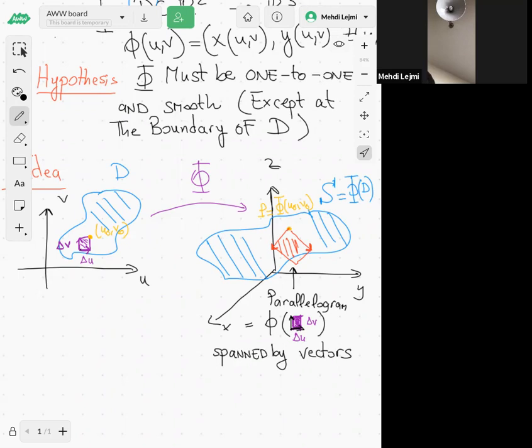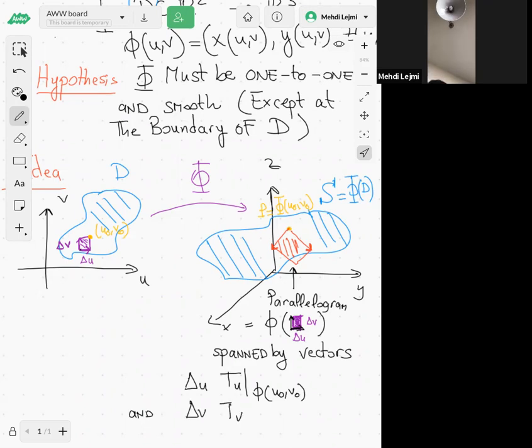So the image would be a parallelogram spanned by the vectors delta u, that's the magnitude, times the vector t index u at the point P, of course, and delta v times t index v.